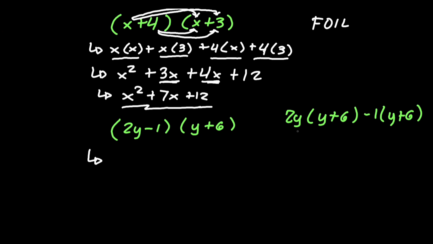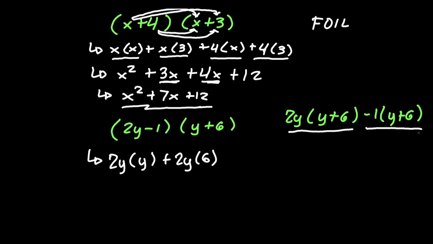So, let's base it off of our previous examples. Let's focus here on this: 2y multiplied by y plus 6. So, it would be 2y multiplied by y plus 2y multiplied by 6. After that is done, let's focus on negative 1 multiplied by y plus 6.